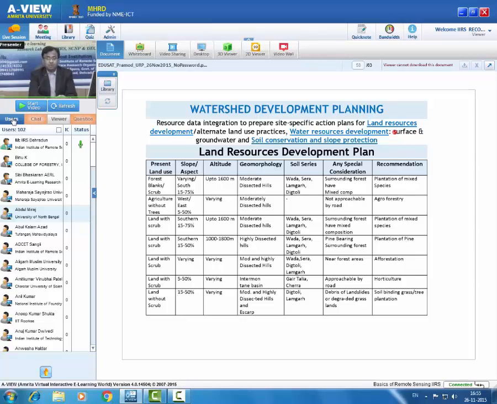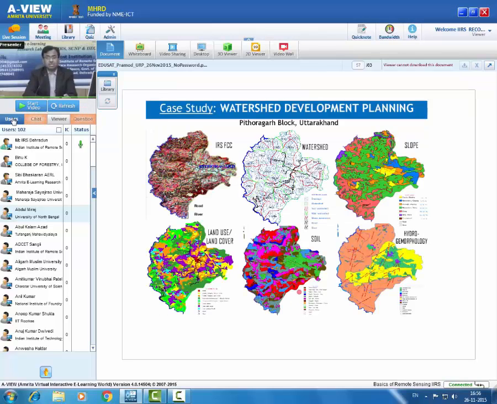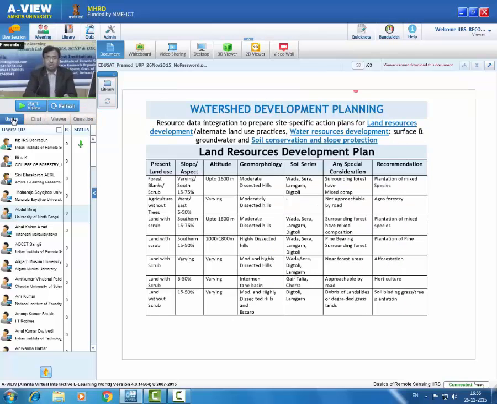Now the important point here, through the data integration technique, that means the data which we have generated, as we have seen in the previous slide, are all integrated in the GIS domain, and the land use becomes the base polygon.